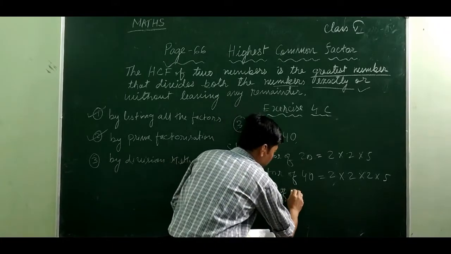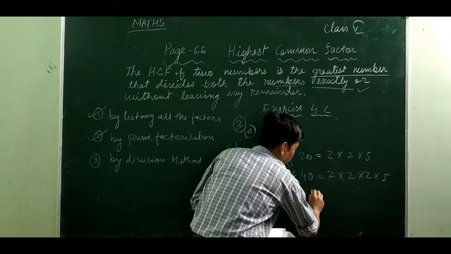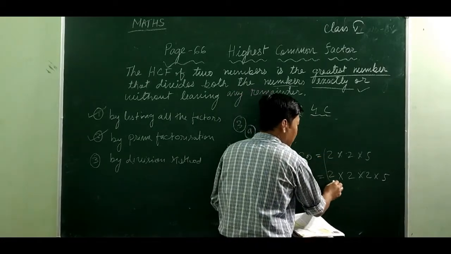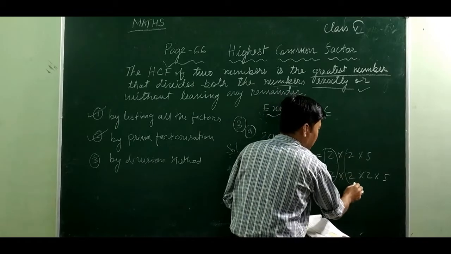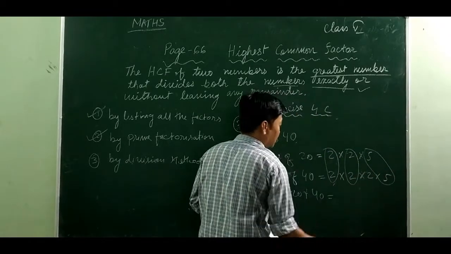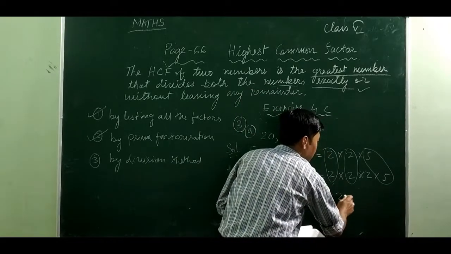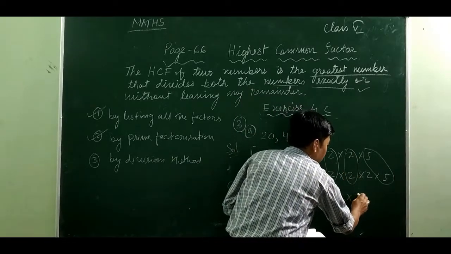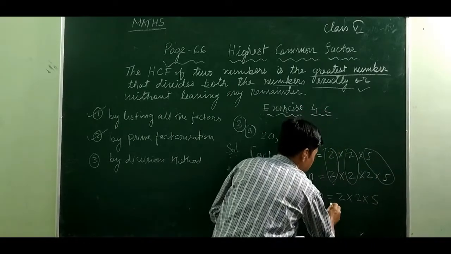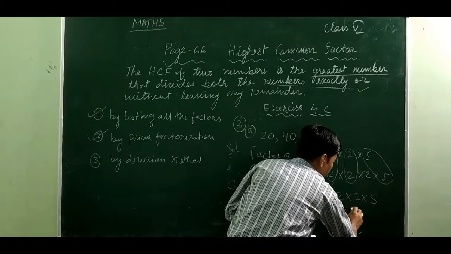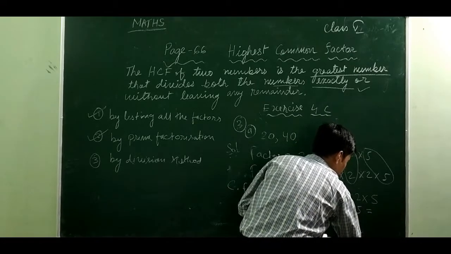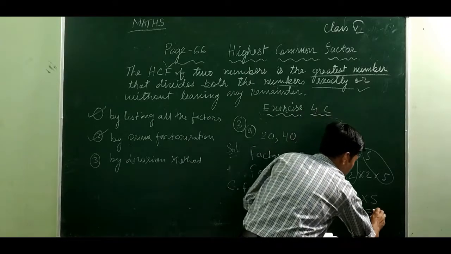Now the common factors of 20 and 40 are here. 2 and 2 are common, 2 and 2 common, 5 and 5 common. So we have taken 2 common, 2 common, and then 5 common. So 2 times 2 is 4, into 5, which is 20.